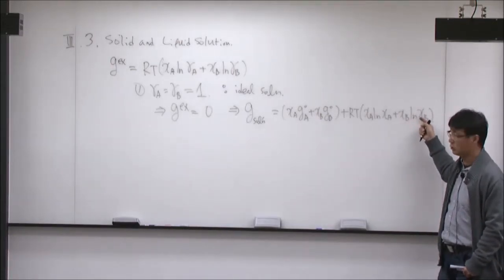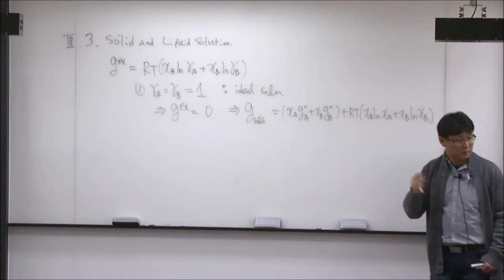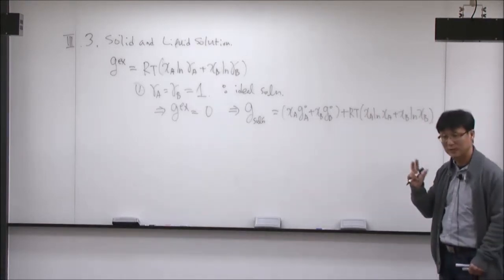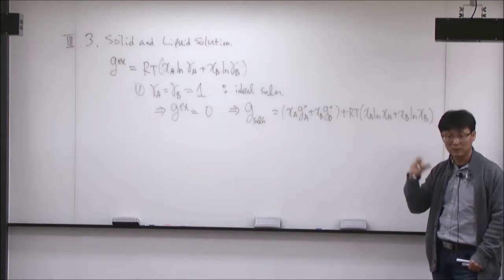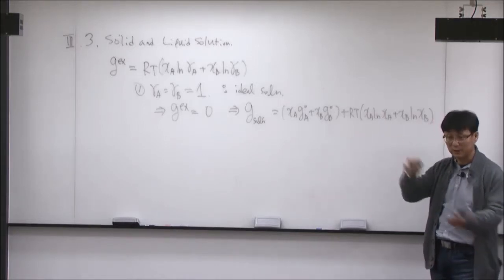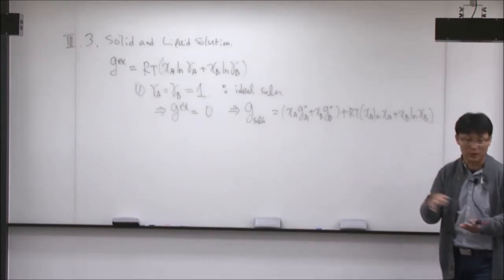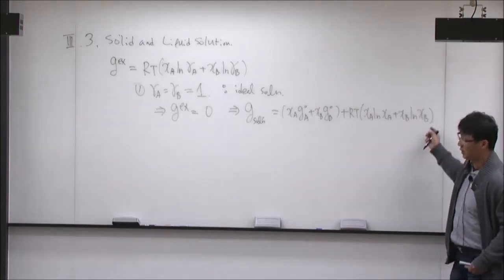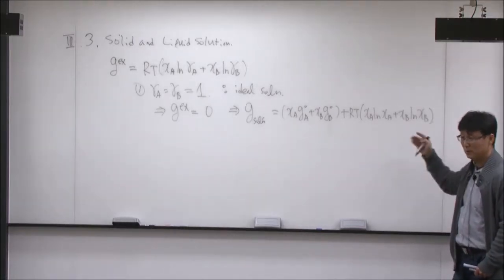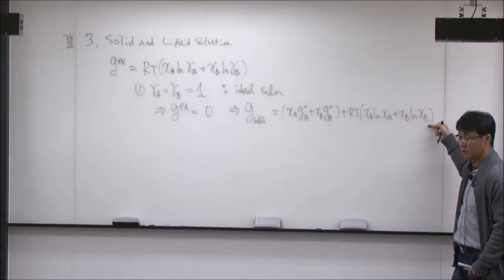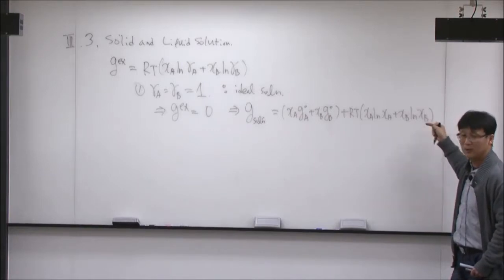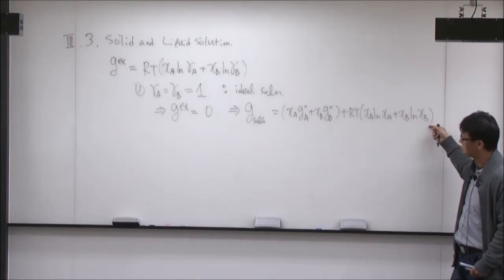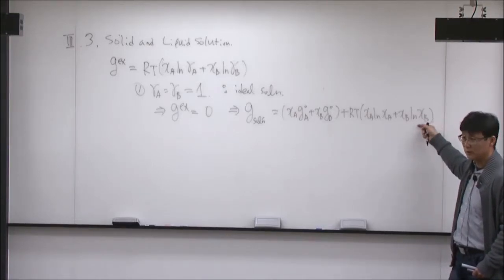So even in liquid and solid solutions, because compared to the gas phase, solid and liquid are less sensitive to the total pressure, because the pressure cannot change the volume of the solid or liquid very well. So it's less dependent on the pressure. So when you have the pressure equal to 1, the ideal gas solution Gibbs energy is the same as the ideal solution of solid or liquid. Okay, the formula is exactly the same.